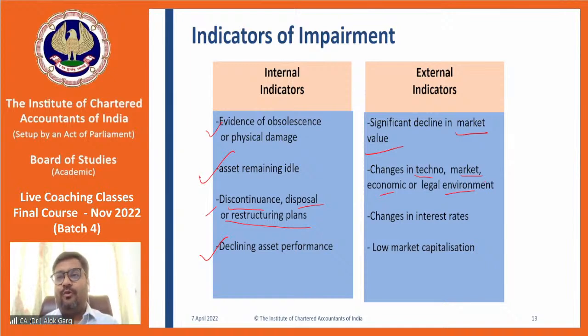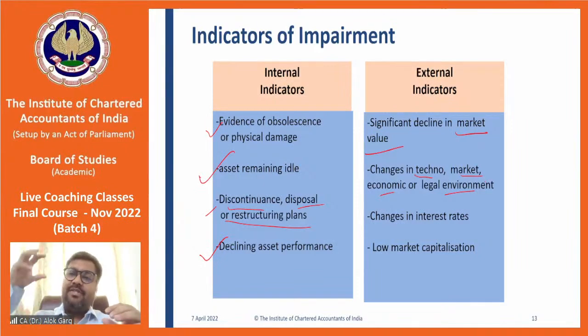When Nokia was launched, these were keypad phones. Now the technology has changed, and keypad phones have been replaced with Android phones, right? So the machinery which was manufacturing these keypad phones, due to the change in technology, is an external indicator of impairment. Those machineries need to be impaired, right?